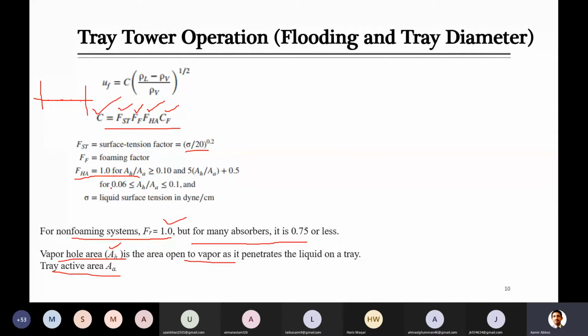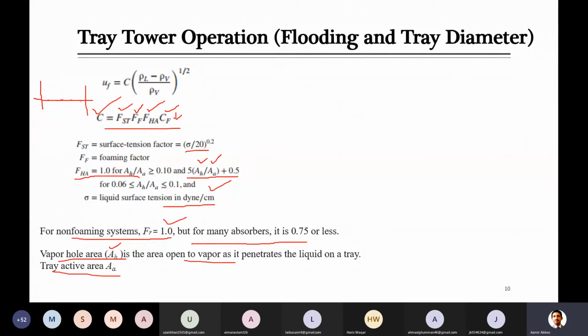But if this ratio is between 6 and 10%, then you can find the value of FHA by using this factor. In that case, you will need the value of the active area as well as the whole area. Sigma is the surface tension, and you have to take care that the unit should be dyne per centimeter. Now, the foaming factor, FST the surface tension factor, and FHA are discussed. The only one left over is CF.